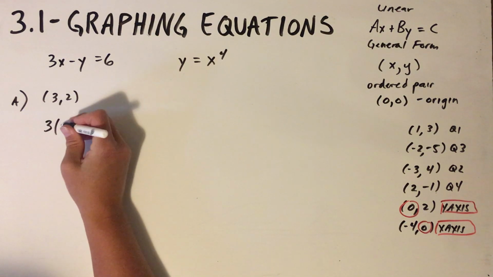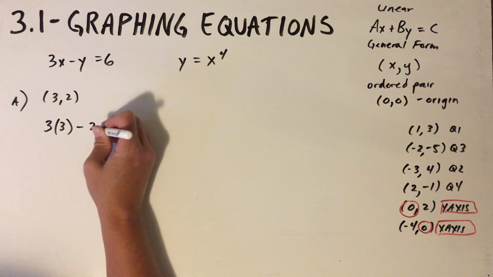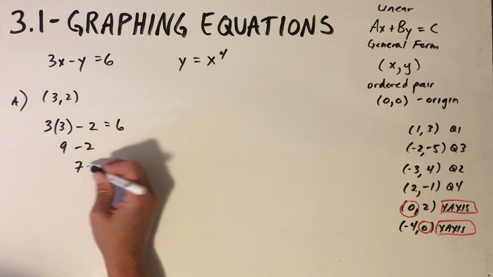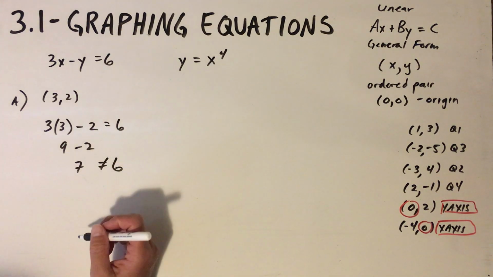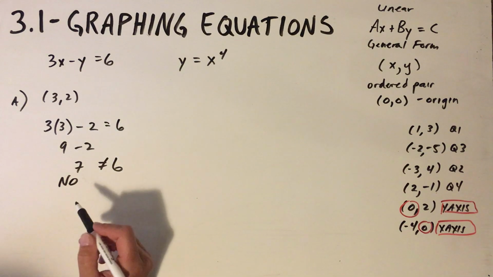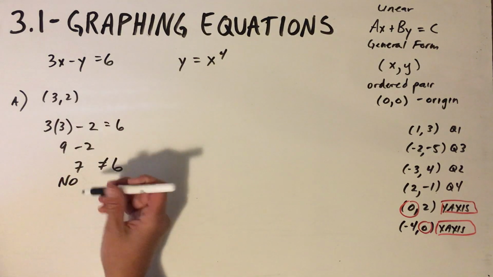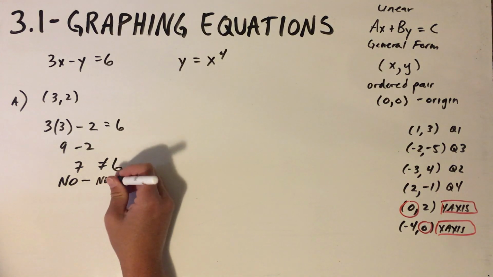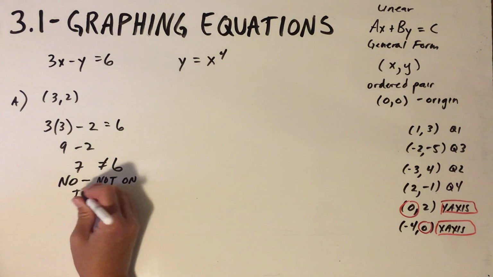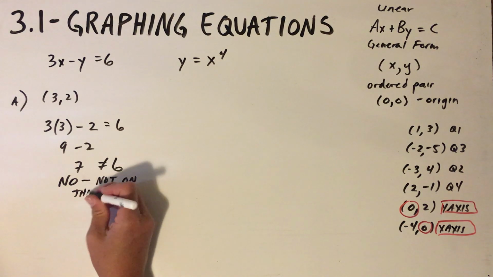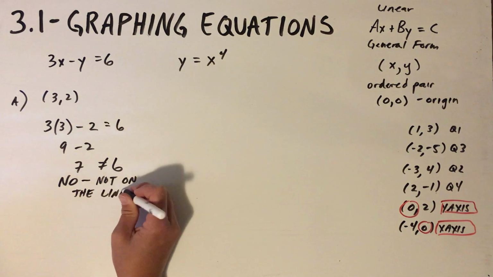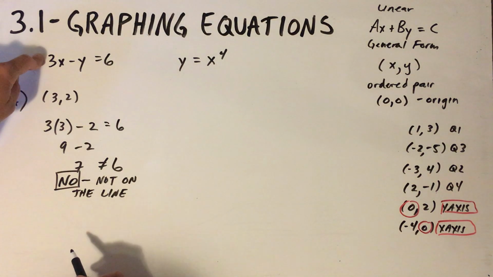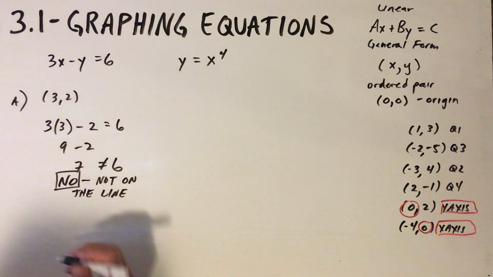Well, if I substitute 3 for x and 2 for y, 9 minus 2 is 7, and 7 does not equal 6. So this is no. What does this mean? Not only does it not make the statement true, but it means that this point does not lie on the line. That's what this means. So no, it's not a solution, and it's not a solution because it's not a point that would be on the line that these solutions make.